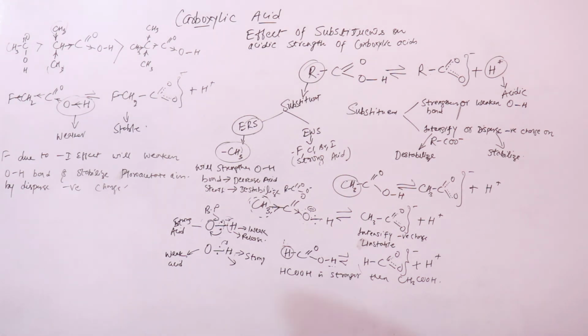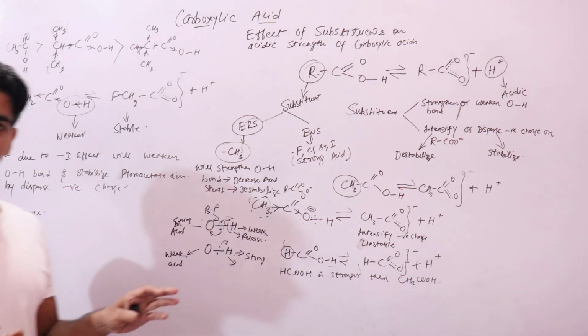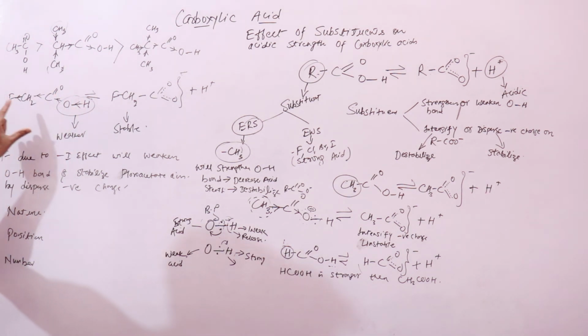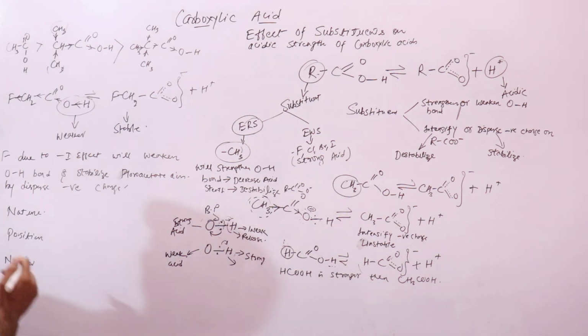Right? Now there are three things: the nature, the position of the halogen atom, and the number of halogen atoms. It's simple. Nature means electronegativity, right? The more electronegative this atom is, the more strongly it will attract the electron density towards itself. The more strongly it attracts the electron density, the stronger is the acid, right?